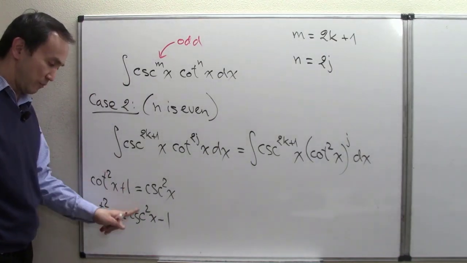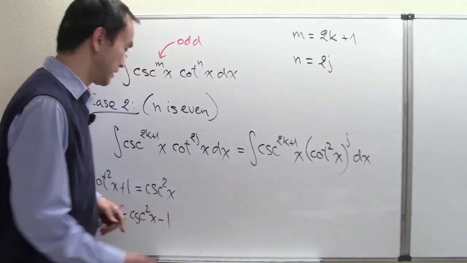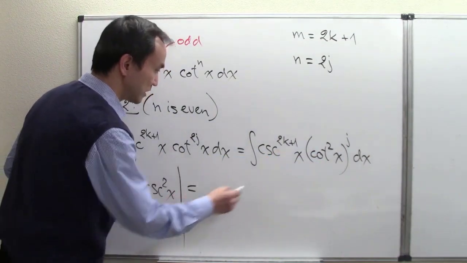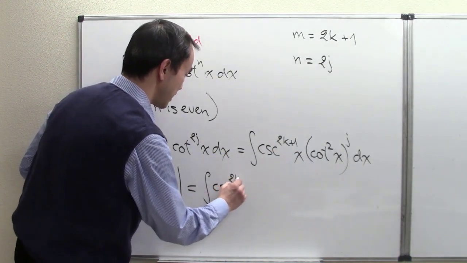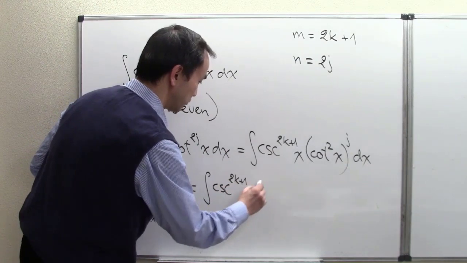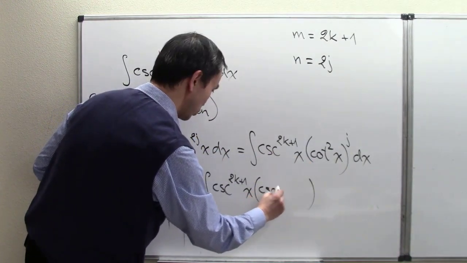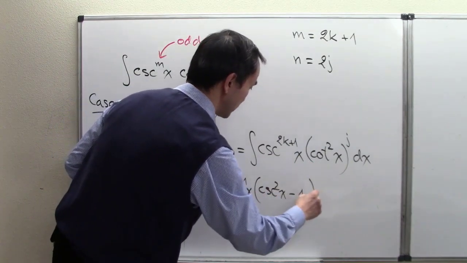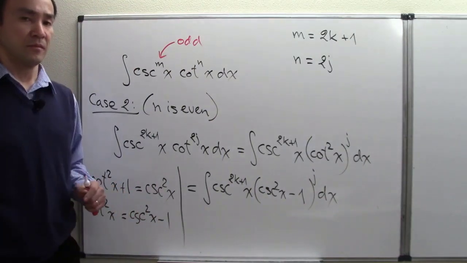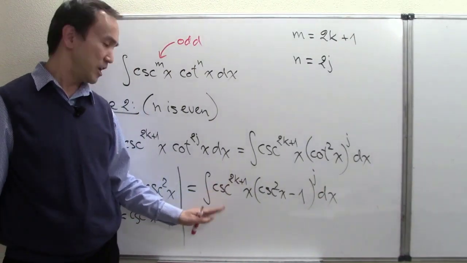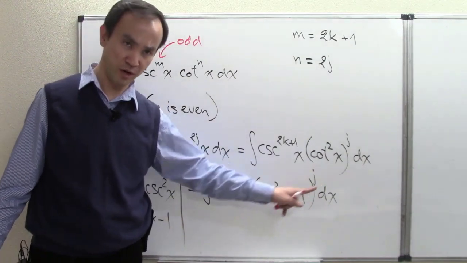I am going to substitute that for the cotangent squared in my current integral setup. So this integral will become cosecant to the power 2k plus 1 of x, multiplied by cosecant squared of x minus 1, quantity to the jth power, dx. So now our integral has become an integral completely in terms of powers of cosecants.